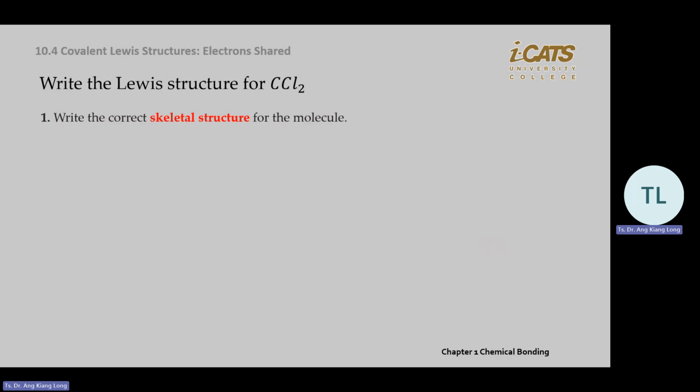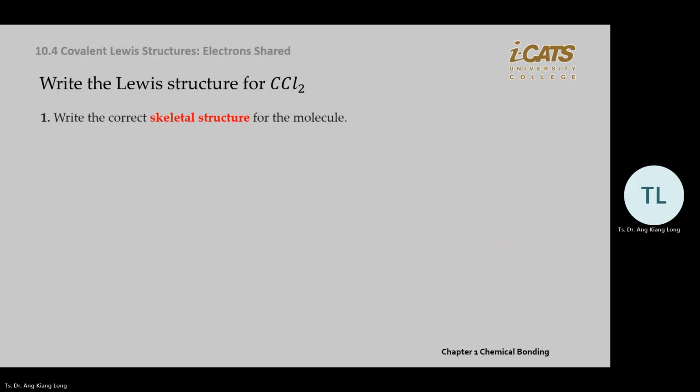So you have three elements there: carbon, chlorine, chlorine. So you arrange, and again, just a rule of thumb, if you have an individual element, usually it is in the middle. So this structure will look similar to the example just now. Carbon, you know, is 4.